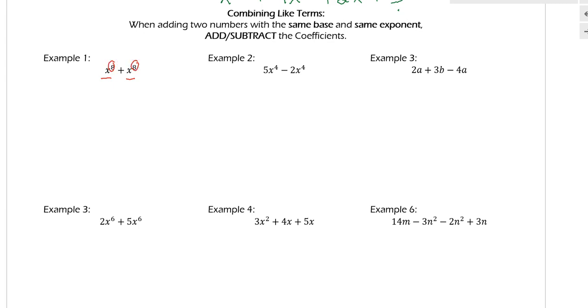So I need to add or subtract the coefficients. So what's my coefficient on this one? It's a 1 because it's not there. Same thing here, it's a 1. So 1 plus 1 is 2. And then the only thing that changes is your coefficient. The exponent and the base both stay the same.